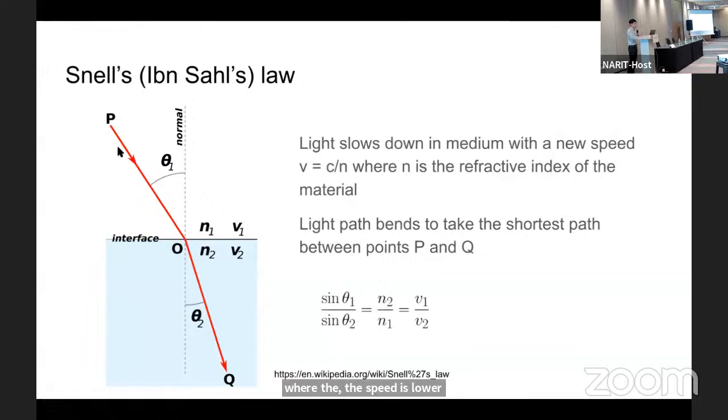For instance, if it tried to go straight here, then it would spend too much time in this material 2 that has a lower speed of light. So the equation for this is simply sine of theta1 over sine of theta2 is n2 over n1, equal to v1 over v2, where v is the speed of light in the different material.